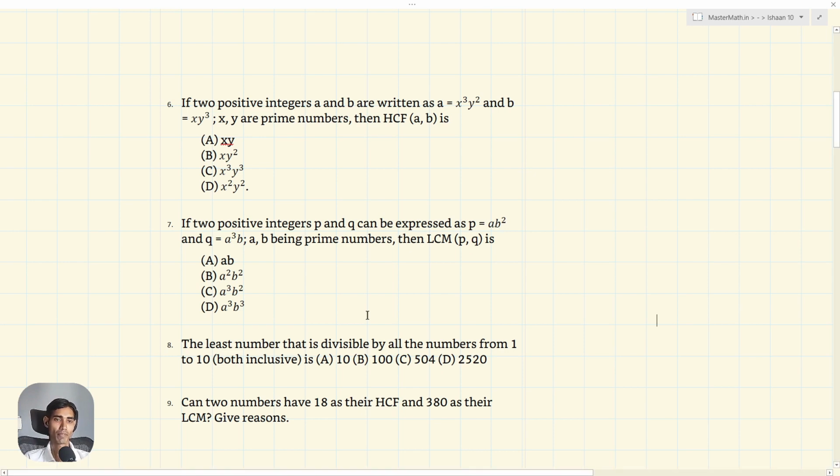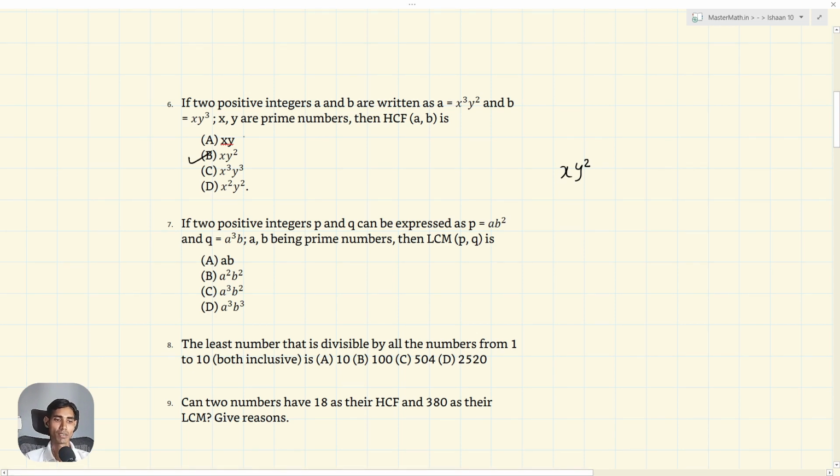Yeah, HCF. So the answer is x y square because they are the lowest power. No, y square and x. Yeah, that's option B, right.